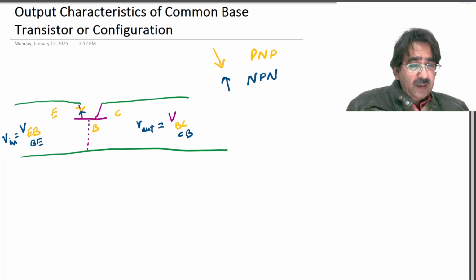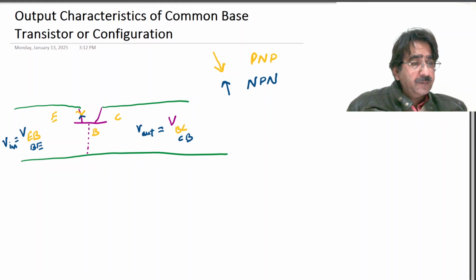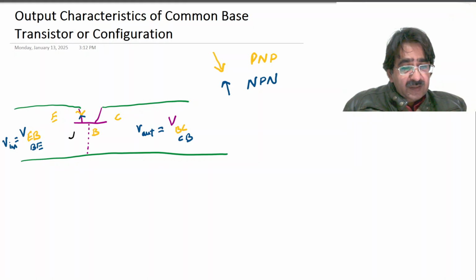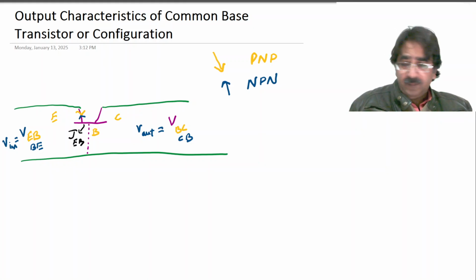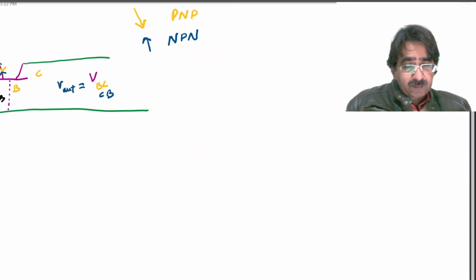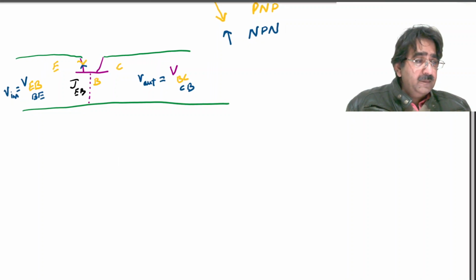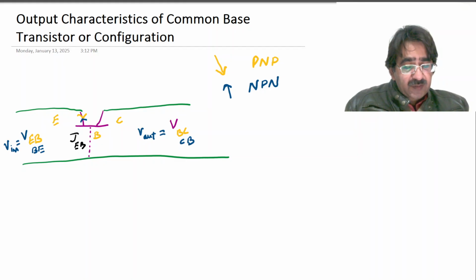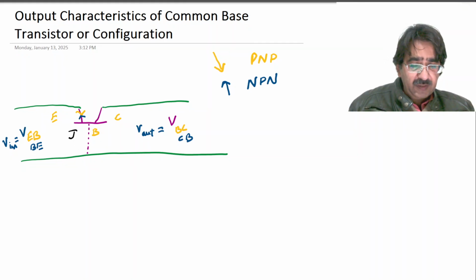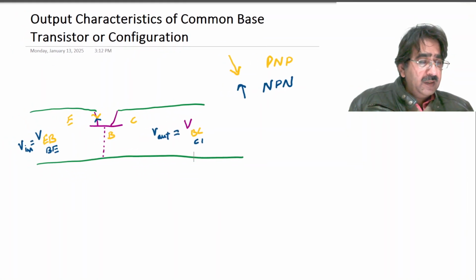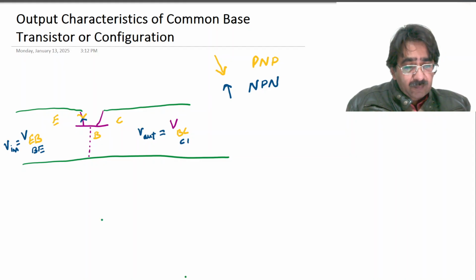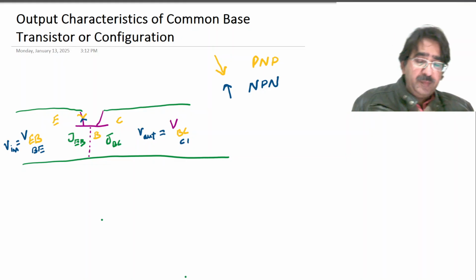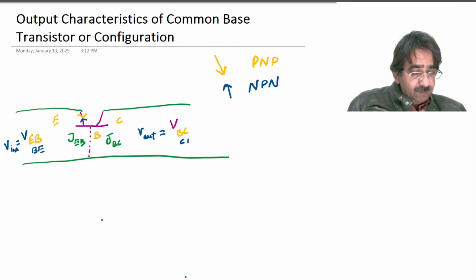So there will be two junctions, J_EB and J_BC.